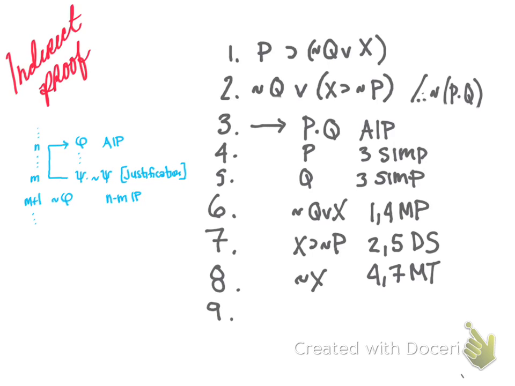I also have a disjunction here, and I have the negation of one of the disjuncts, so I can put that other disjunct on a line. This is looking good. Now I have not X and X, so I'm going to put them together to form a contradiction, an explicit contradiction.